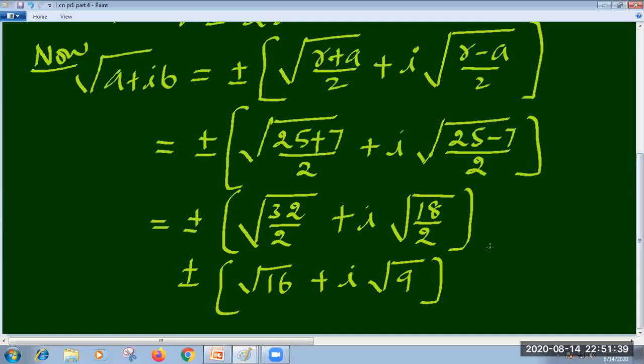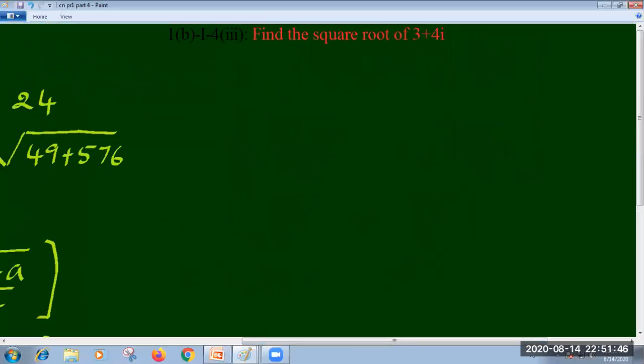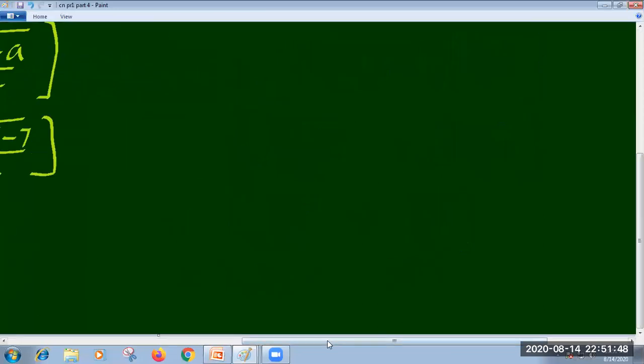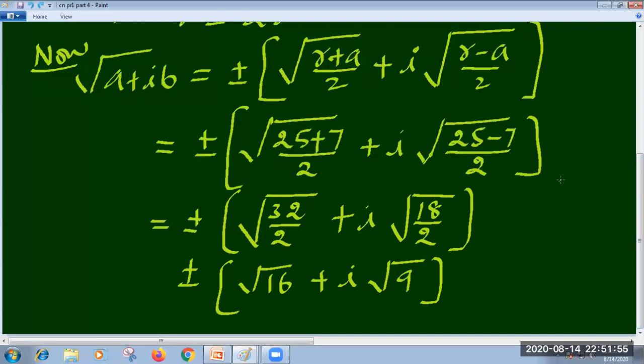And further simplifying this one, this is the square root of the given number.